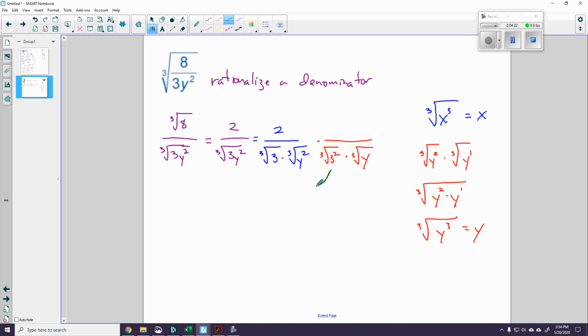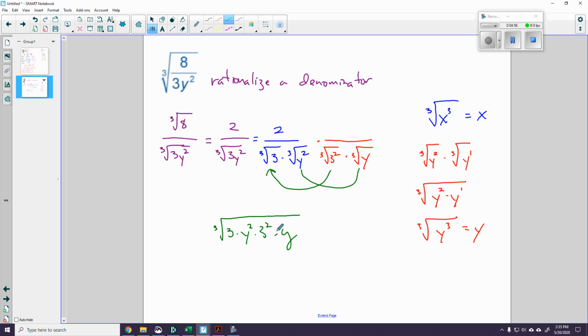this is going to be multiplied times that and get rid of the cube root of 3, and this is going to be multiplied times that and get rid of the cube root of y squared. I don't want to confuse anybody here, but really this denominator would be like having one big cube root of 3 times y squared times 3 squared times y.